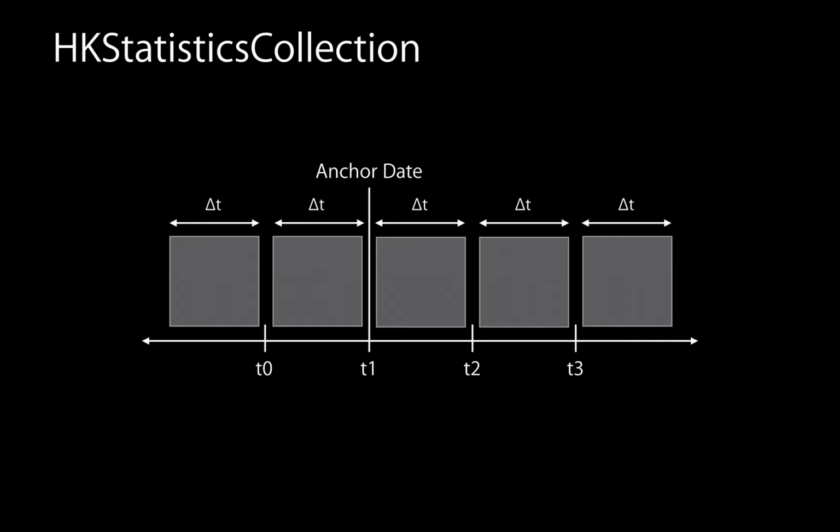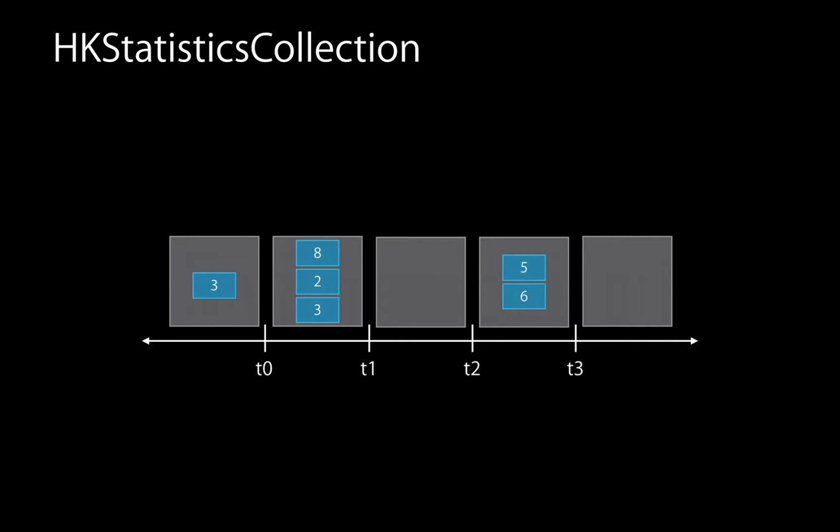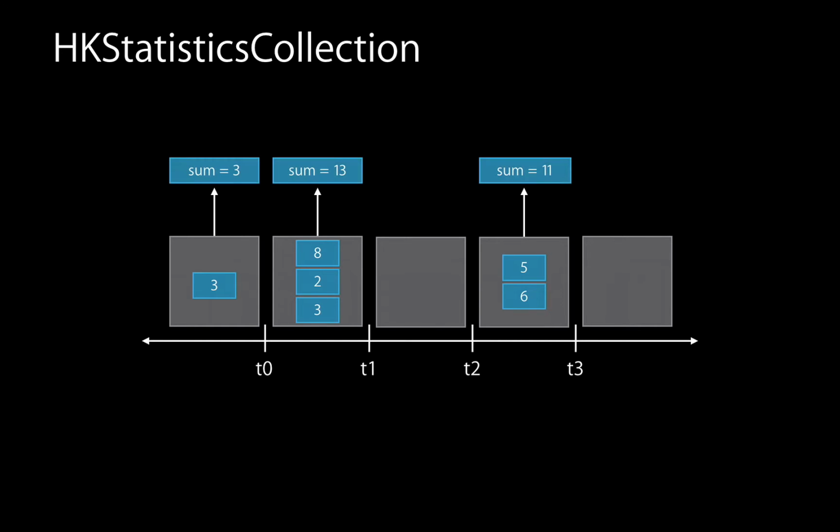And that's all we need to create a collection of statistics for you. Let's see how this would look with some actual data. Once we get your anchor date and your interval components, we split up all of time into a series of time intervals. We can then group data into these different time intervals and collect statistics on it, such as ask for its sum.